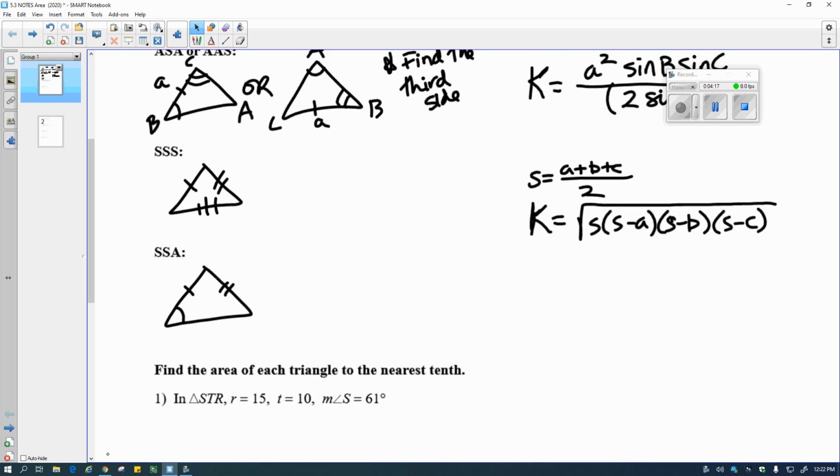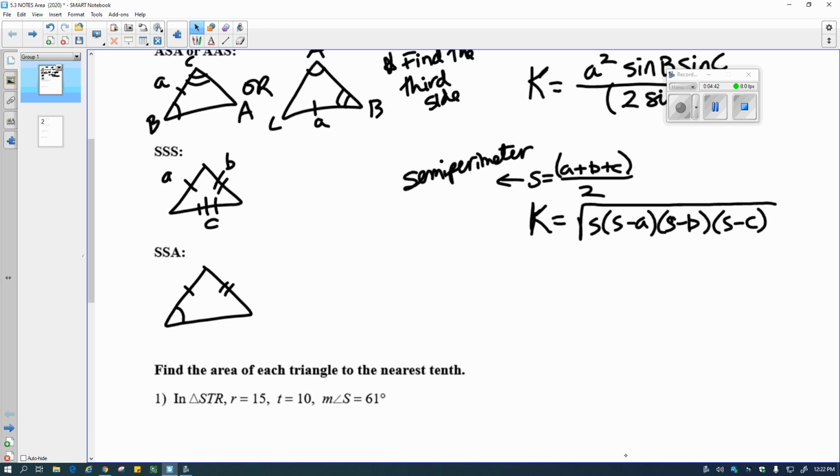Next, we have our side, side, side, where maybe I have A, B, C labeled as my sides. This one you can't be too crazy with. You just get 3 sides. The S stands for the semi-perimeter, and the semi-perimeter is part of the formula that we use. The semi-perimeter is just that, half of the perimeter, so I add up all the sides and I divide by 2.